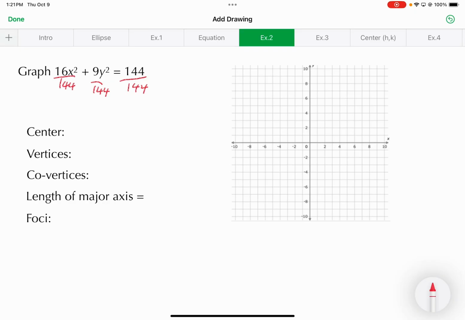So then 16 over 144 is what? So then x squared over 9 plus, and then what's 9 divided by 144? Yeah, so it's going to be a 16th in the bottom. So y squared over 16 is equal to 1. That's fantastic because now I know what my values are going to be. At first glance, is my major axis going to be on the y-axis or the x-axis? Nice, because the bigger number is underneath my y value.